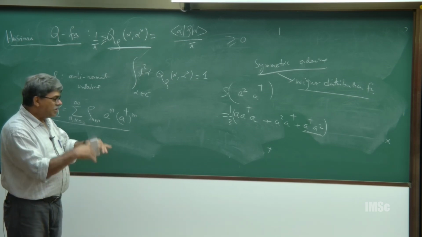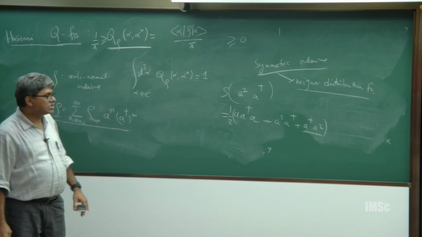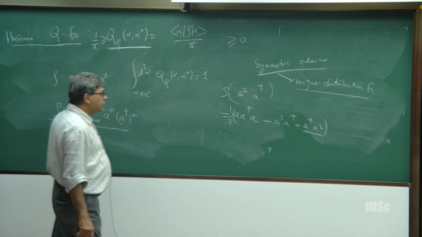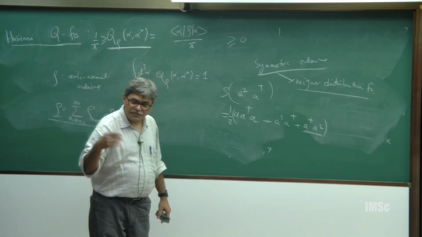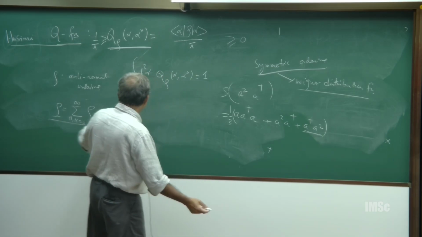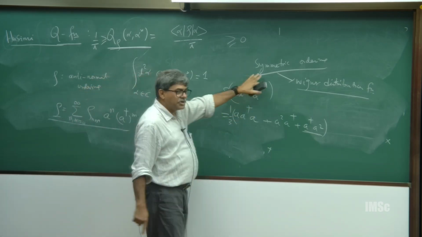In quantum optics or even in continuous variable quantum information, we will also require some other phase space distribution functions. So, these are two extremes, anti-normal and normal, and in between, symmetric ordering.